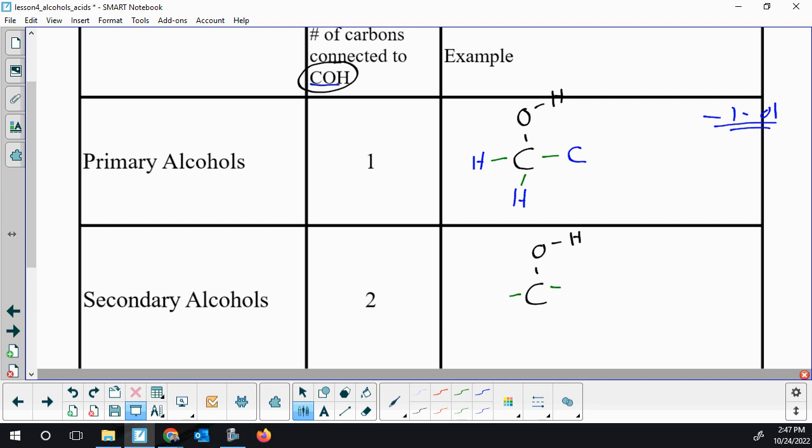Carbons have 4 bonds, which means there's 3 more dashes, or 3 more bonds. And now we're going to see 2 of those 3 remaining be carbons. Could be 1, 2, 3. The length doesn't matter. Okay. And the 4th bond is a hydrogen. Now these don't have to be 2 OLs. Okay. You can't just look at the name to figure out whether it's secondary. You have to look at that black carbon and do a count of what's around it.